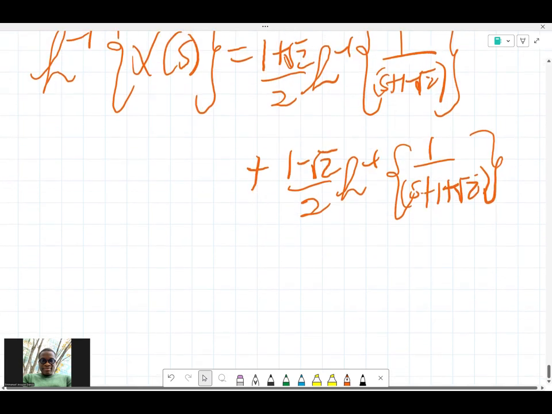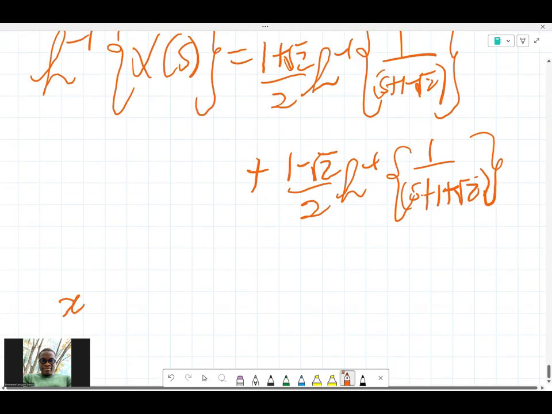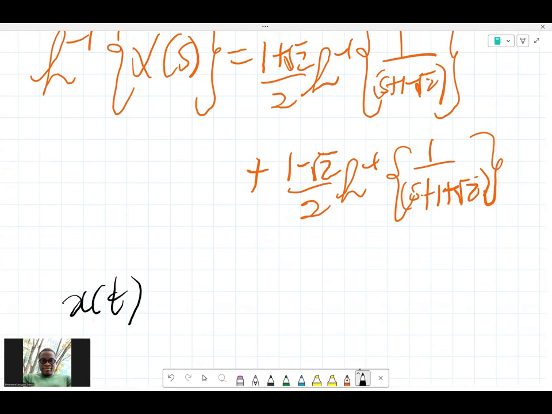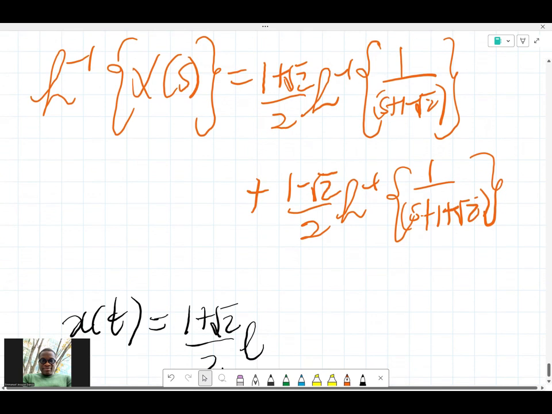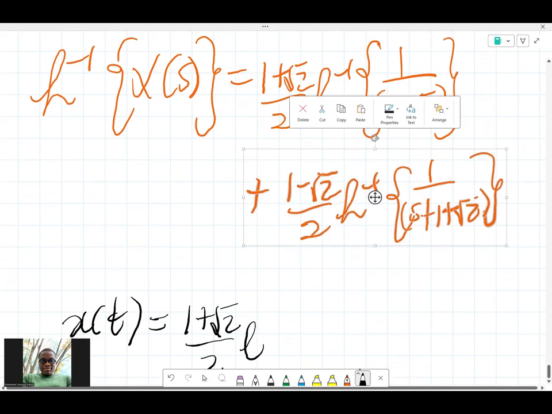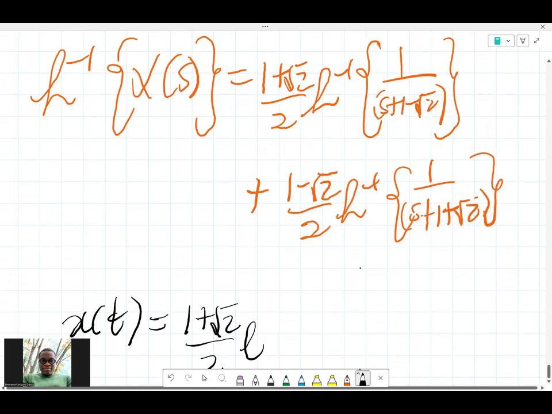So this simply means that x of t, let me write that in black, x of t that we are looking for is simply 1 plus root 2 over 2, then e raised to the power minus 1 plus root 2 t.